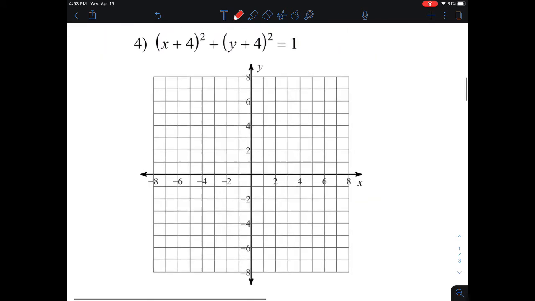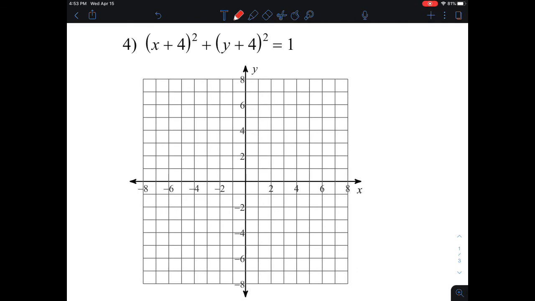This one here is similar but different, where I want to start by finding the center. And I have 2 plus signs here. It's supposed to be x minus a number and y minus a number. So my center in this case isn't going to be at (4, 4).